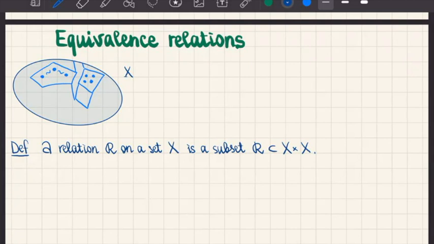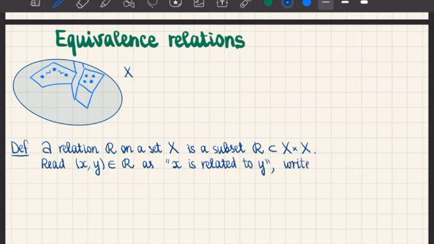We read (x, y) in R as x is related to y, and I will usually write it as a tilde, like this.